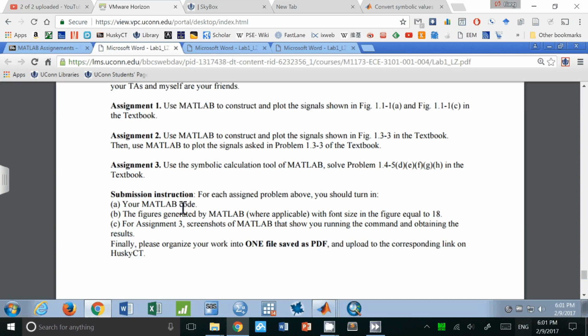I want the figures to have the font size equal to 18, so that they will be larger and legible to us. In the previous example, you should already know how this can be done. For assignment number 3, I want you to show the screenshots where you run the command to obtain the results.